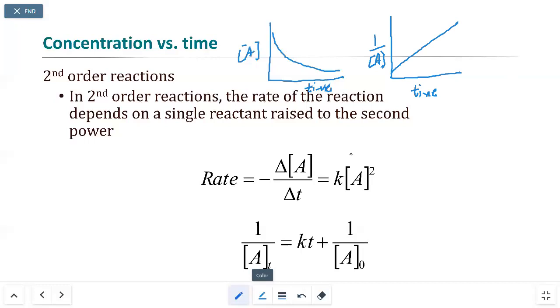And so in this case, our slope, instead of being equal to negative k, is equal to positive k. Because again, the slope here is positive instead of negative.